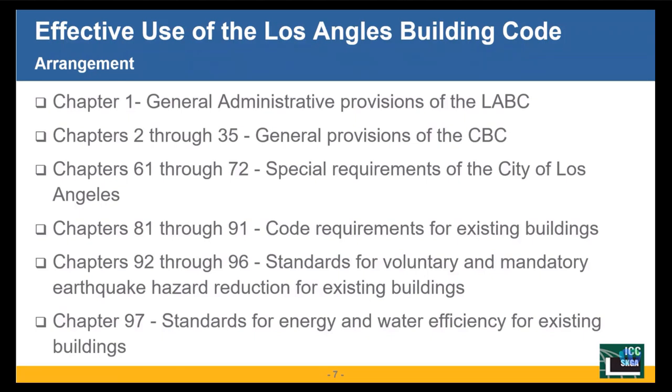And Chapters 61 through 72 are special requirements of the City of Los Angeles. Chapters 81 through 91 are code requirements for existing buildings. Chapters 92 through 96 are standards for voluntary and mandatory earthquake hazard reduction for existing buildings, including retrofitting and so forth. And Chapter 97 is standards for energy and water conservation for existing buildings and water efficiency.